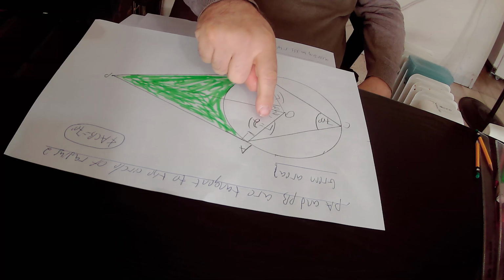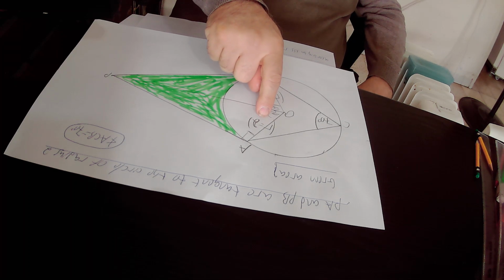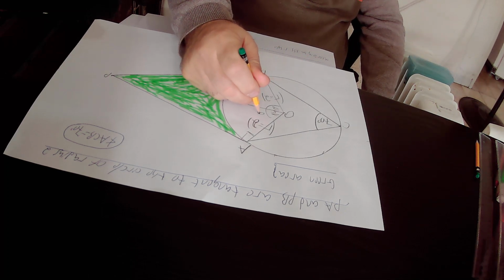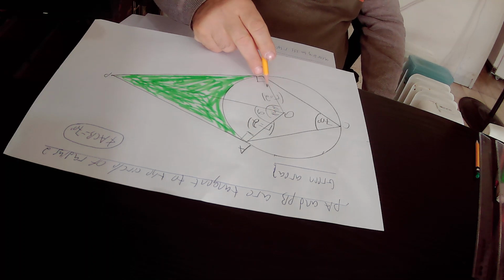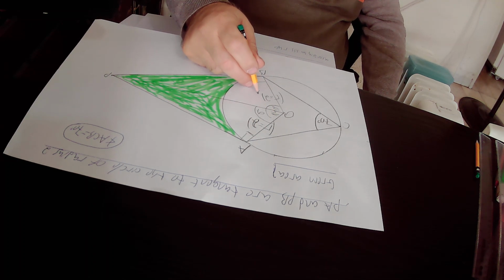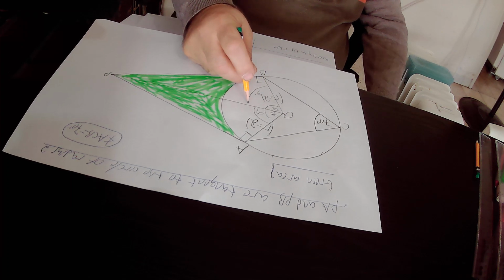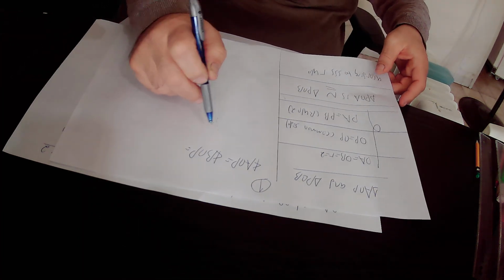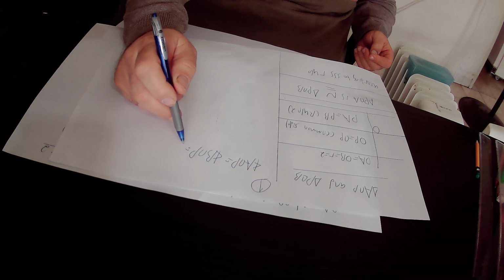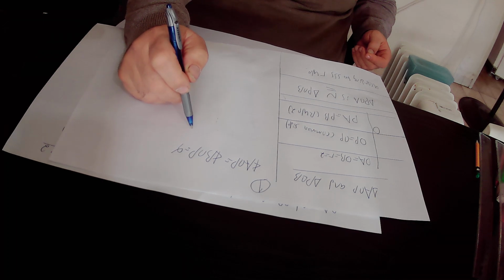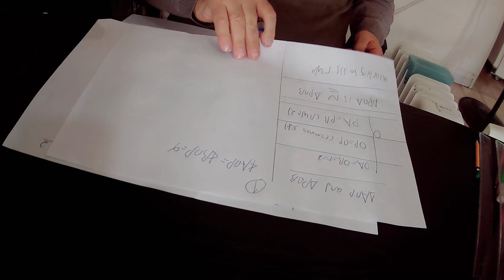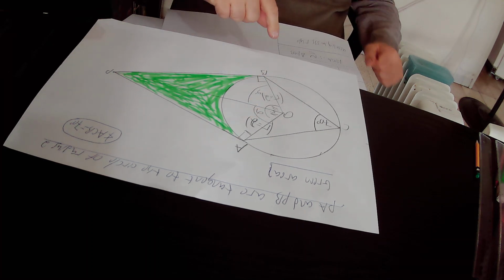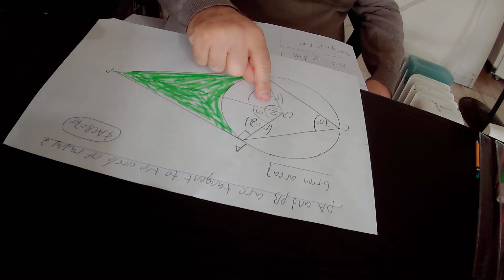So if we define the upper angle as alpha, then the lower angle must also be equal to alpha because they are equal to each other. So actually alpha plus alpha is this angle that is 140 degrees.